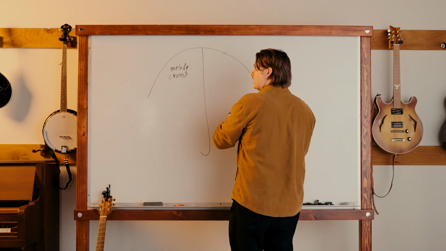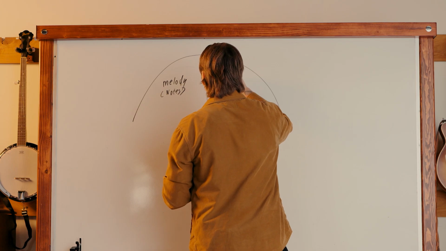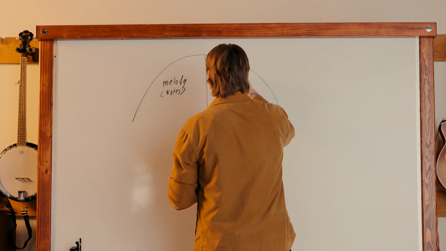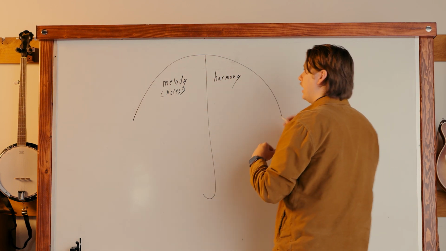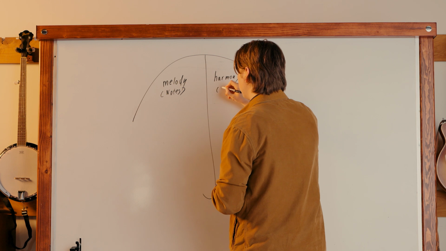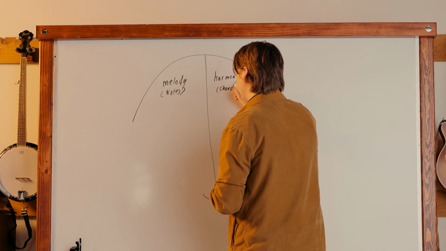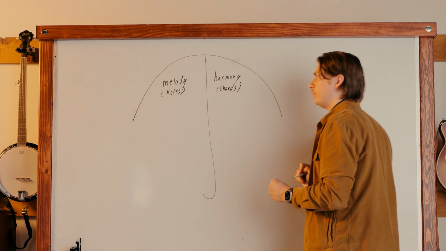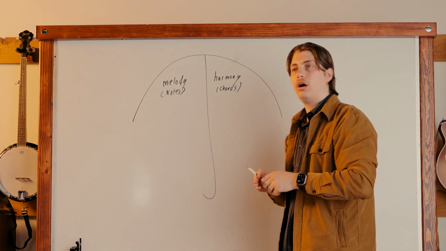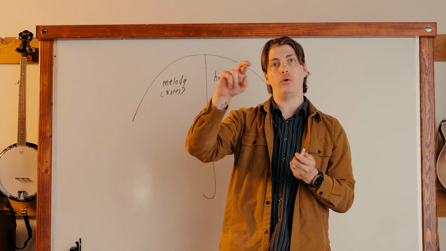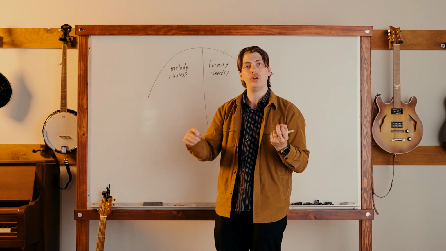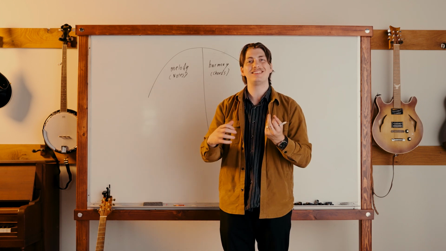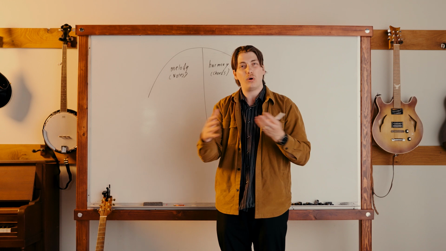And then on the other side of music, there's something called harmony. Can everybody say harmony? Harmony is when there's chords. And chords are when there's more than one note at the same time. So if I grab my guitar and I play two notes at the same time, that is a chord, but it's also harmony.